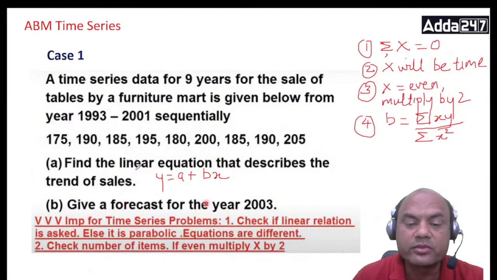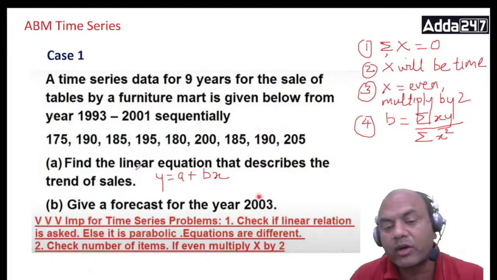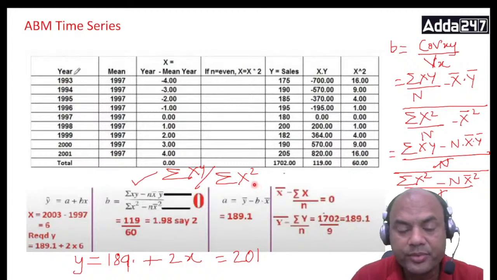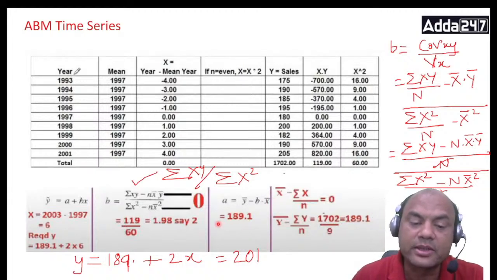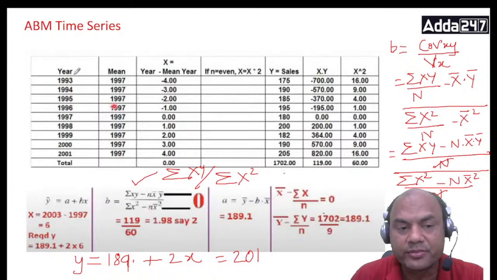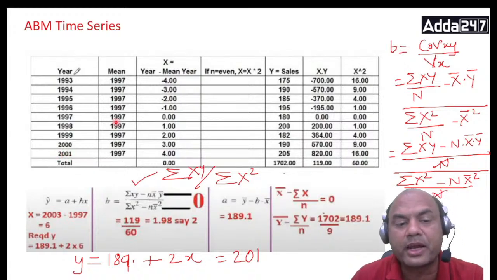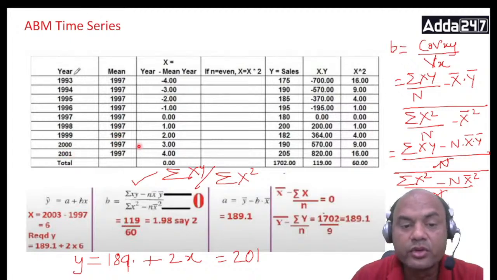Now forecast for the year 2003. So now what is x? X is 2003, but x is not 2003. What you have to do is first subtract this x from the average. You'll have to follow the same rule which you have followed for others. So instead of 2001, write 2003. So 2003 minus 97, you get 6.